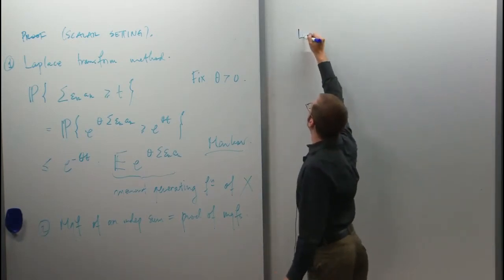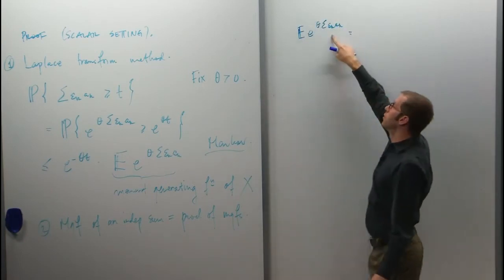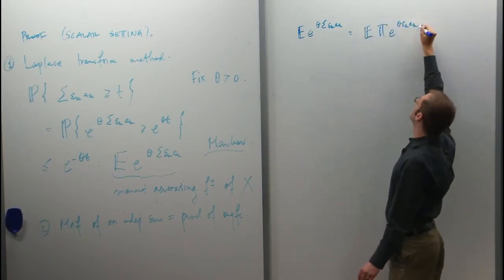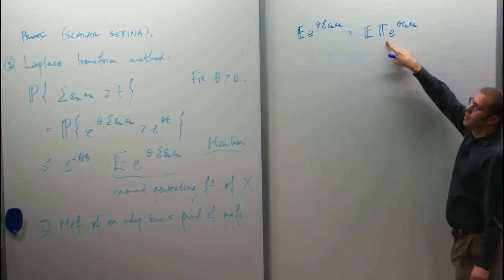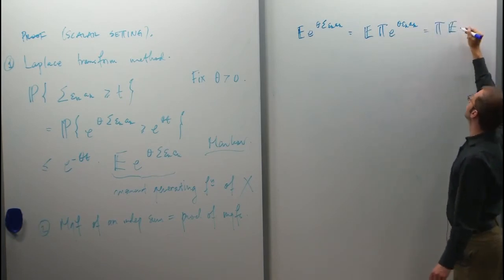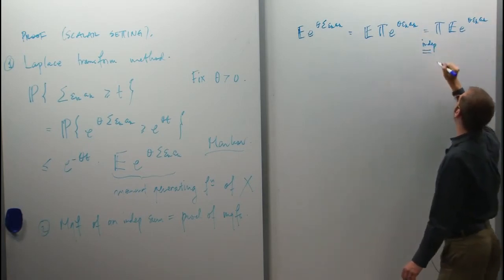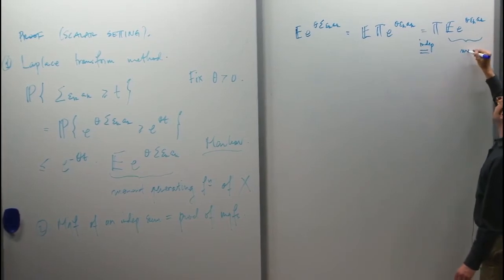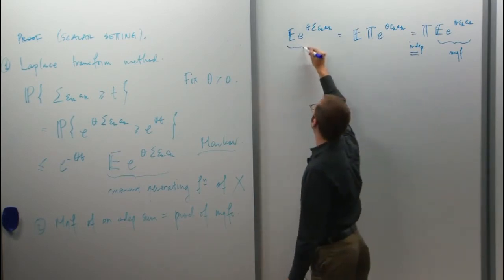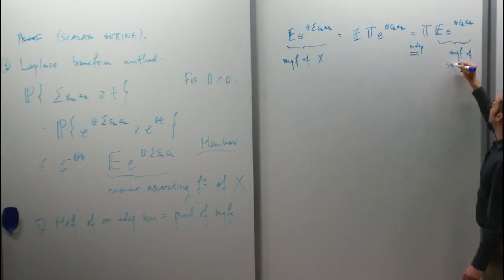The expectation of a sum of independent variables, well, the exponential of a sum is always equal to the product of the exponentials. And by independence, we can swap the product and the expectation. And what we have here now is the MGF of each summand. So we have an MGF of the sum, and we have an MGF of the summand.